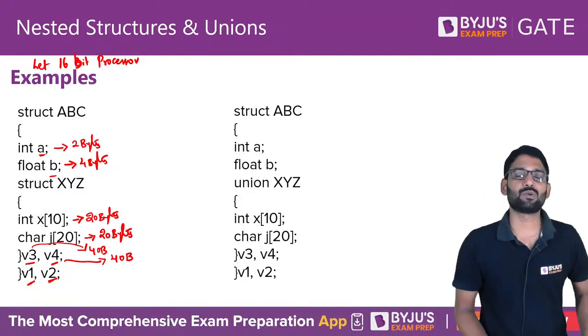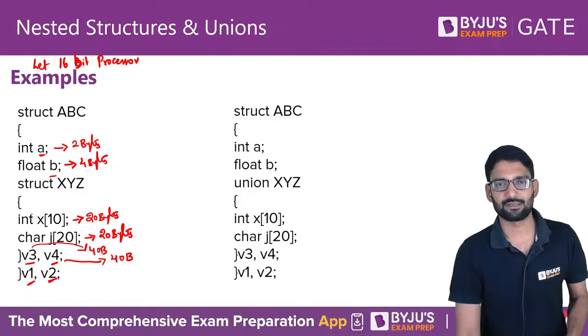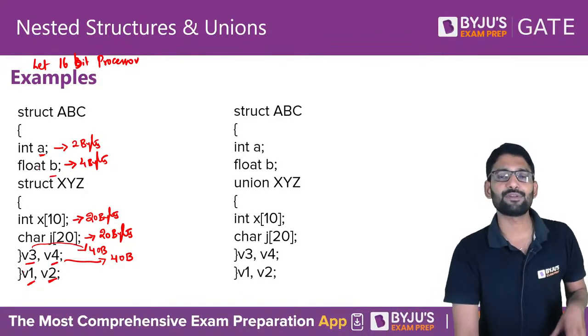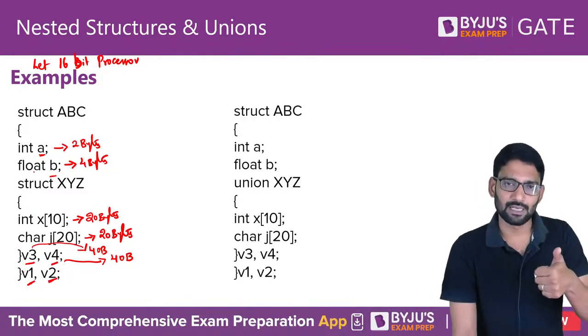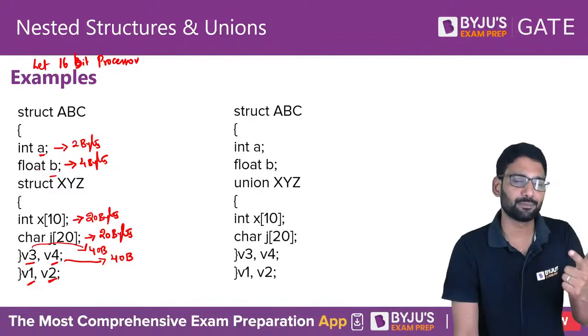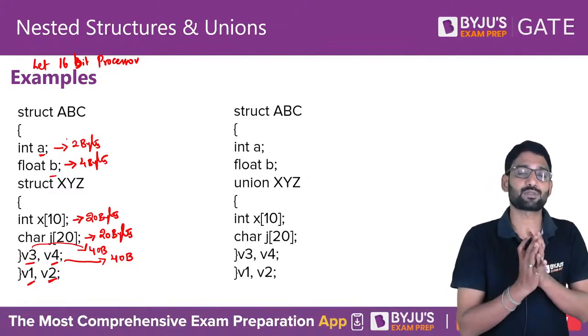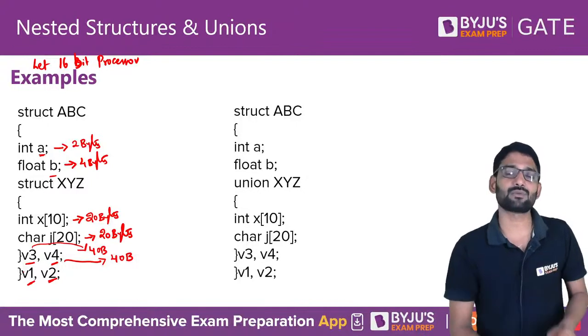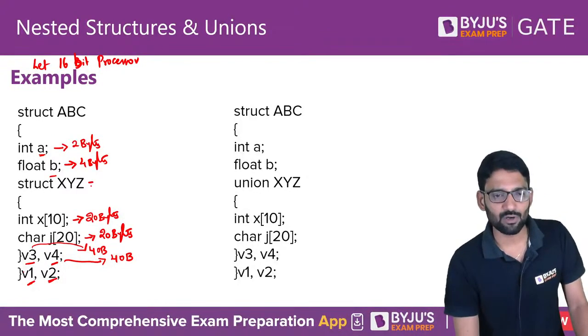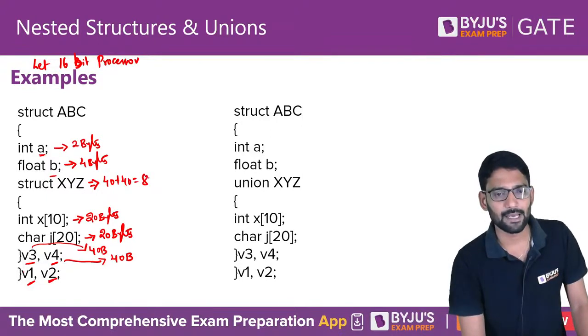V1 size is equal to sum of its members size. What are the members of ABC? One int A, another float B, other structure XYZ. What is the structure XYZ size? That is sum of its variable size, that is 40 plus 40, 80 bytes.